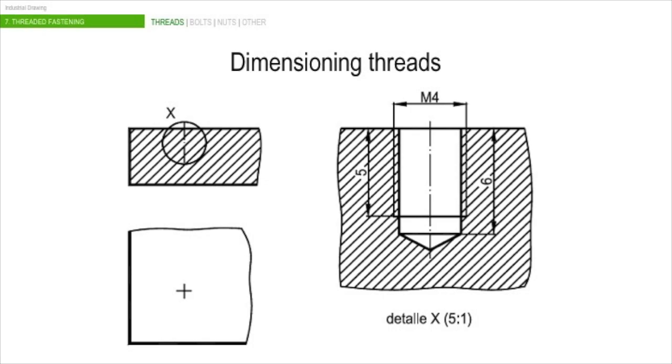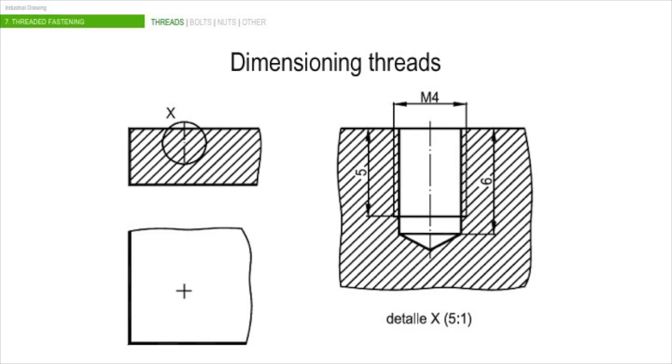Let's see how to dimension threads. In an internal hole, as you can see here in the right image, we are going to use 3 dimensions: 2 for the length of the hole and the threaded hole, and 1 for the diameter and the type of the thread. In this case, the M stands for metric.